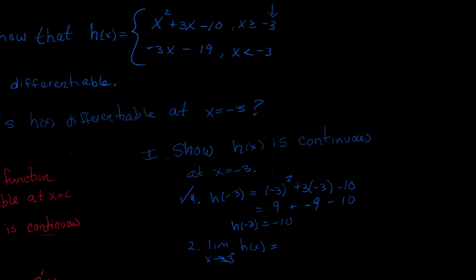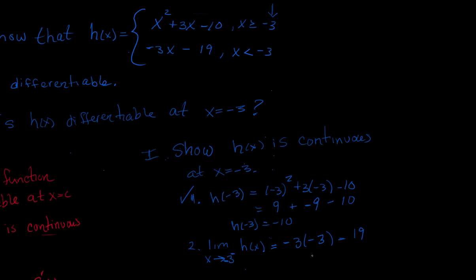If we're approaching negative 3 from the left, those will be values like negative 4, negative 3.5, negative 3.01, negative 3.001. So we're using the second rule. That will be negative 3 times negative 3 minus 19.